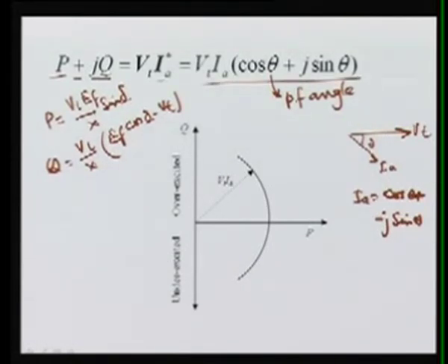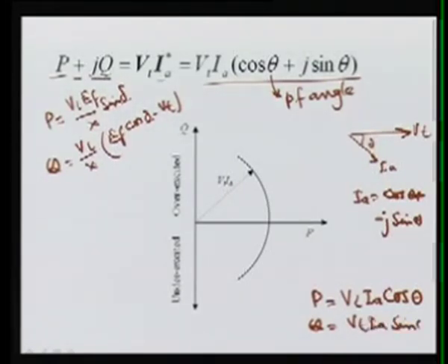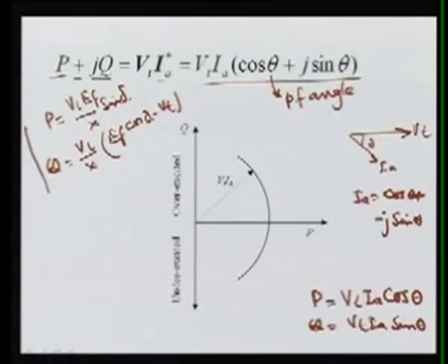Now, if you see this expression, we can separate out the real and reactive terms. Then I can write the real power P as Vt Ia cos theta, and Q is nothing but Vt Ia sin theta. The previous equation was also for real and reactive power injected at the terminal of this synchronous generator, in terms of delta, the voltage angle.